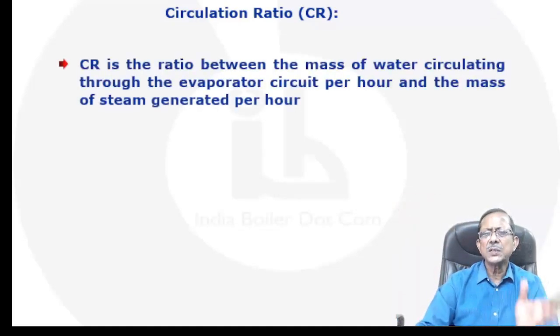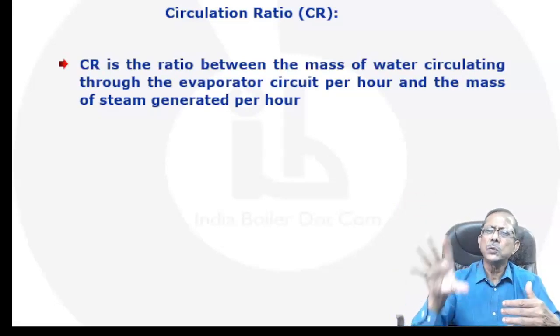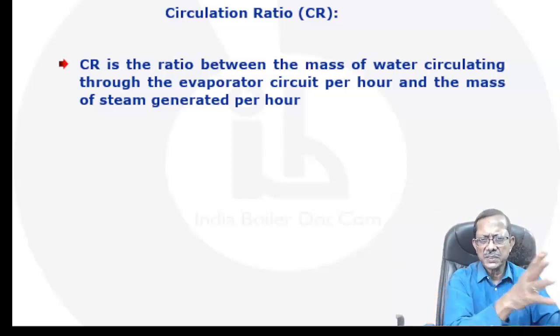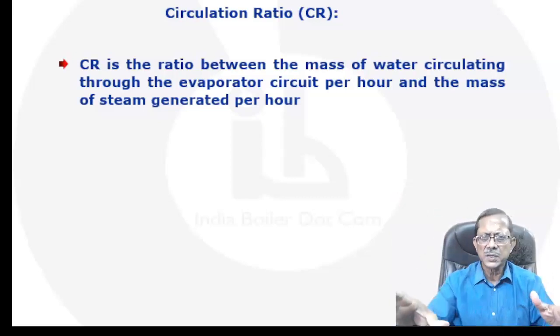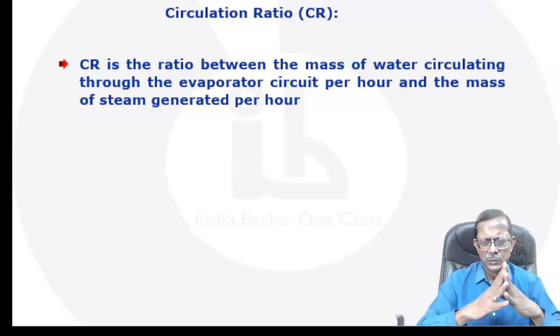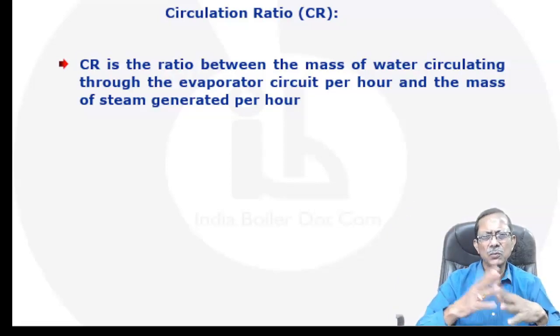So CR is the ratio between this mass of water flowing through the evaporator circuit to the steam generated at the same time. So if it is measured as tons per hour, the steam generation will be in tons per hour. Okay, this can vary in a natural circulation boiler from 4 to 22. In a forced circulation boiler, it will be a little less, around 1 to 2, sometimes 3.